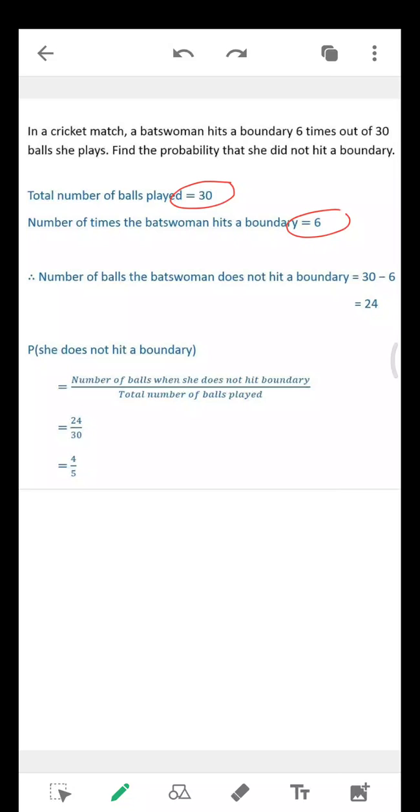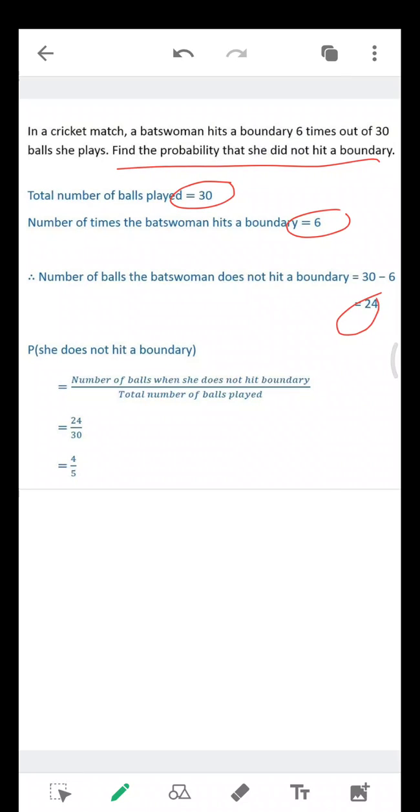So what is the probability that she did not hit a boundary? It will be the number of balls when she does not hit the boundary by total number of balls played. You can also write number of favorable outcomes by total number of outcomes. So we'll write: probability of she did not hit the boundary.